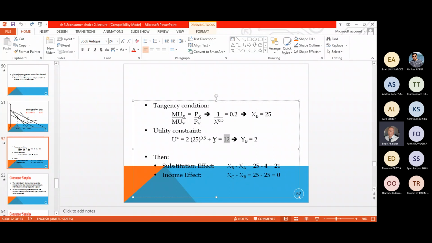Then we will find YB. Then it is 2 now. Then you substitute it into the equation, where XB minus XA is 25 minus 4, which will give you 21, and XC minus XB will give you 0, which means there is no income effect, but the substitution effect is given here. Is it clear?